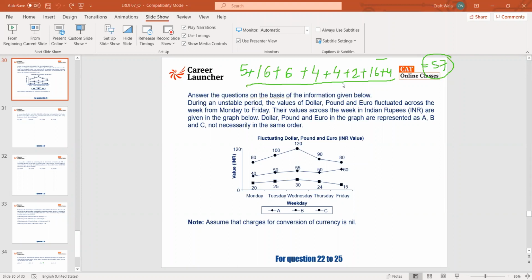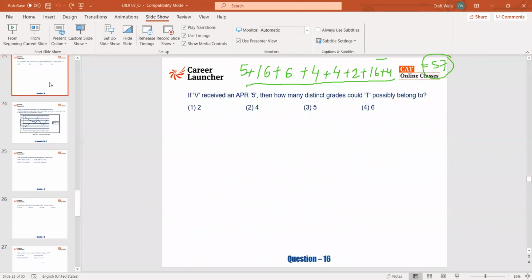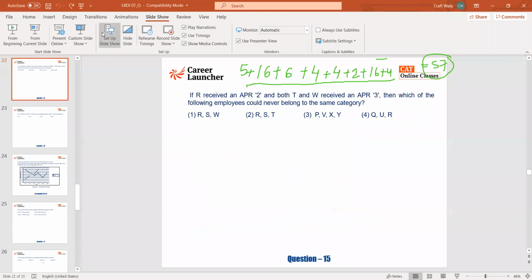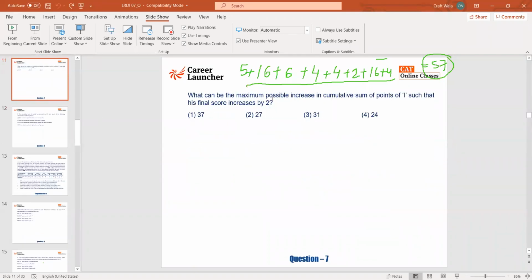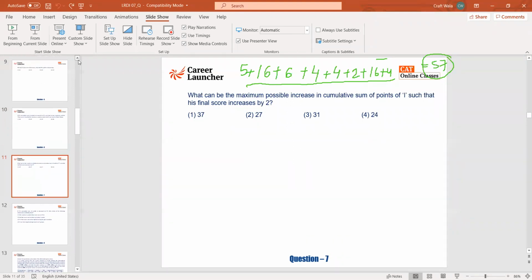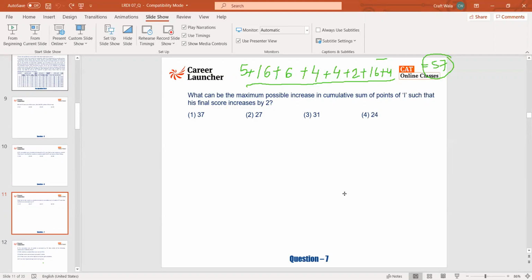$18 and $10 for which one? Okay, question number 7. I have to improve his scores by 2, right? So we said that my first priority will be to improve wherever maximum points are required.